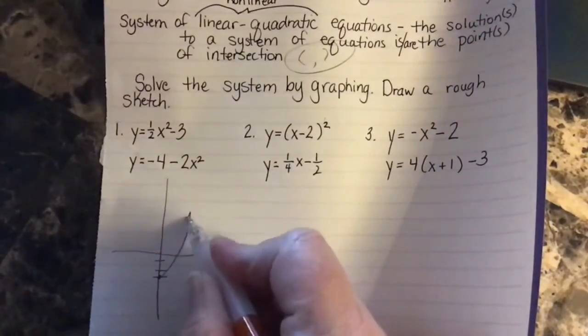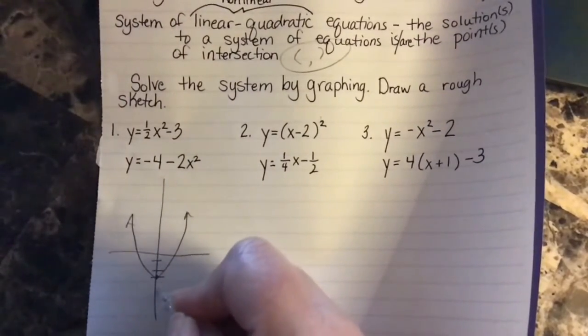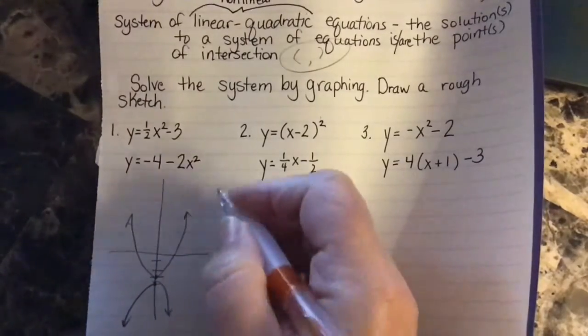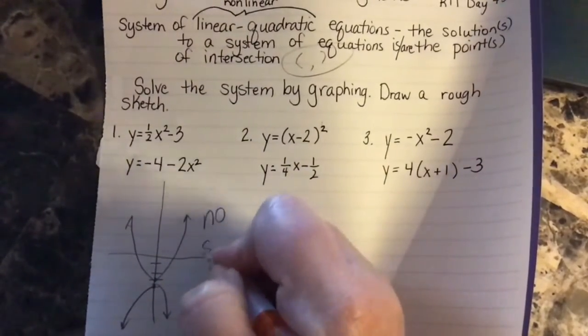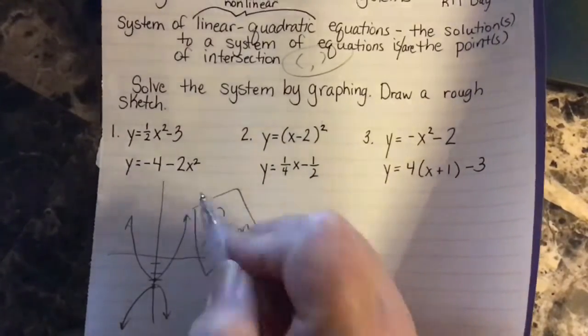Here's my rough sketch of the first one and my second one. And the answer is no solution. They do not intersect, so the answer is no solution.